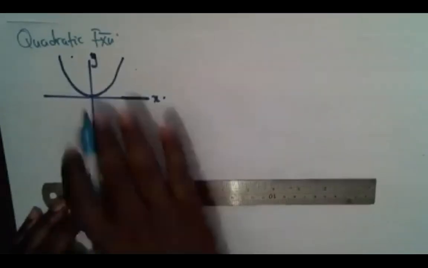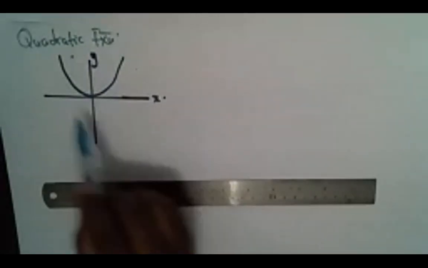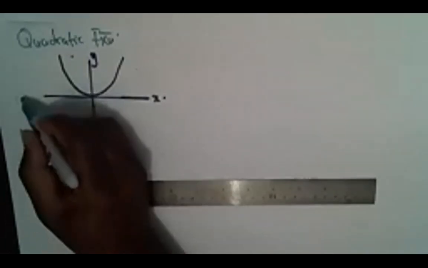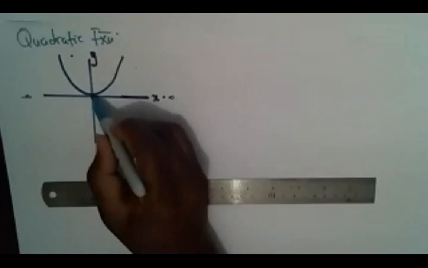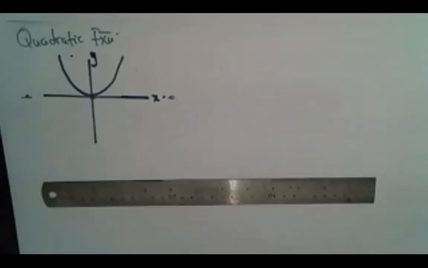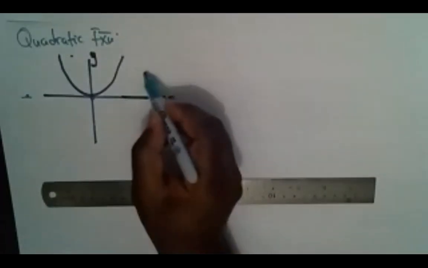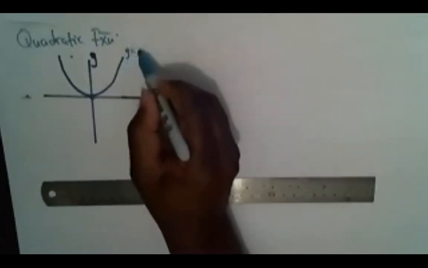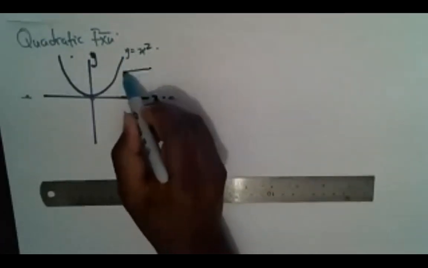Before I draw the other one, we can see that this one is for all x, because x is stretching from negative infinity to positive infinity. Now we have this one, so this is y equals x squared. Then we have another one, which is the inverse.